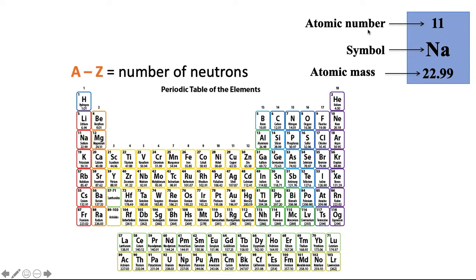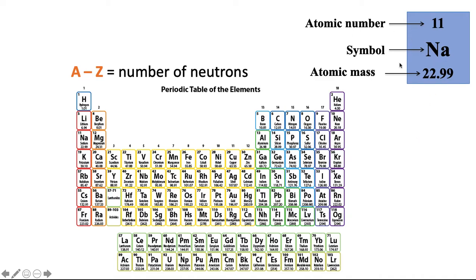And if you change the atomic number, because the atomic number designates the number of protons, it's the same as changing the protons, therefore changing the identity of the element. So think of the atomic number, or the number of protons, as the fingerprints for that particular element.